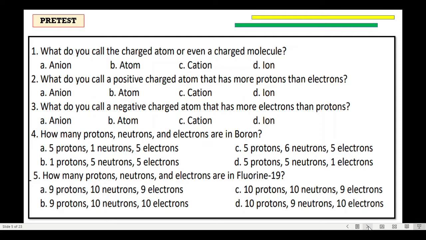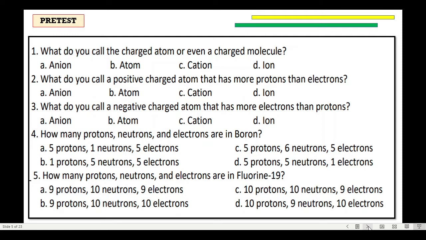Number 3. What do you call a negative charge atom that has more electrons than protons? A. An ion, B. Atom, C. Cation, D. Ion. Number 4. How many protons, neutrons, and electrons are in boron? A. 5 protons, 1 neutron, 5 electrons.